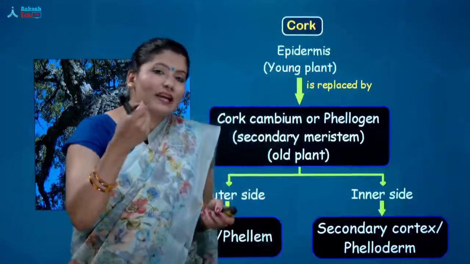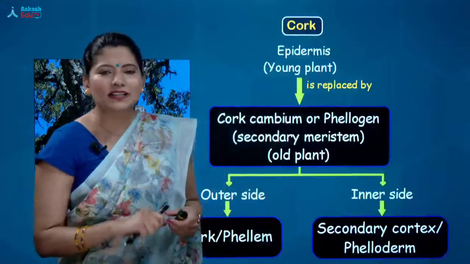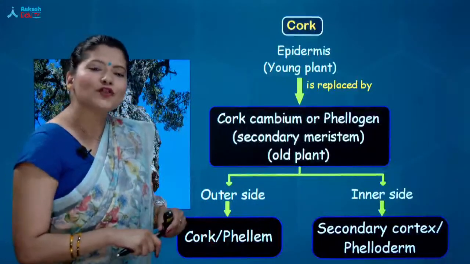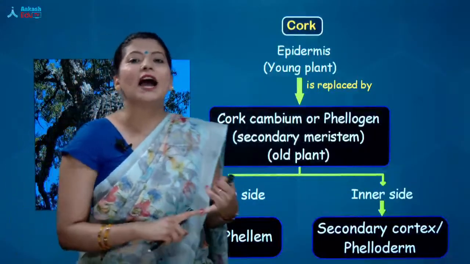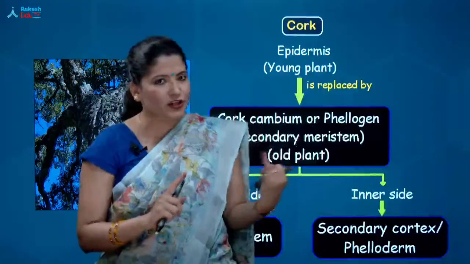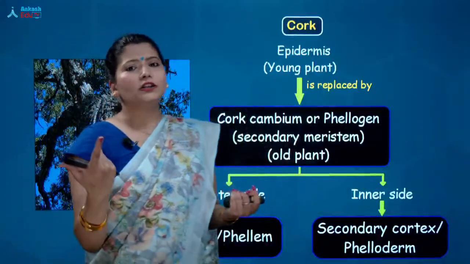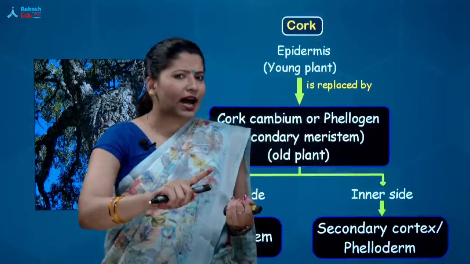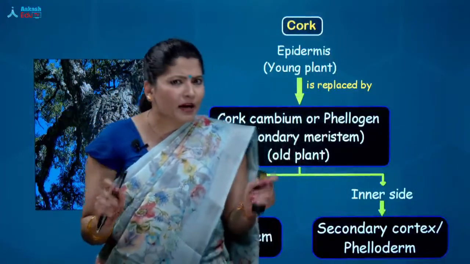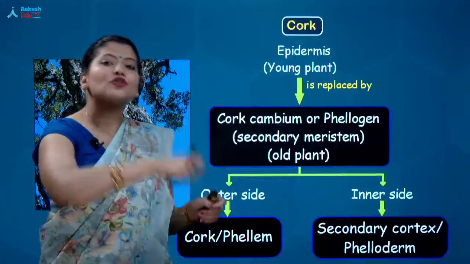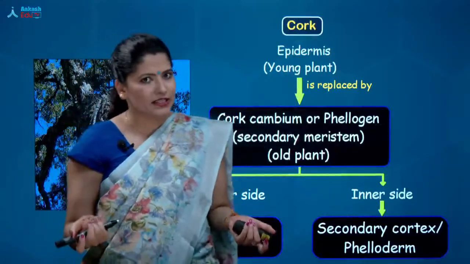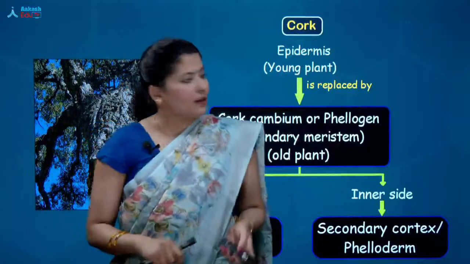Why? Because in the epidermis of leaf, stomata are present. And what is the function of stomata? That is gaseous exchange and transpiration. 2 functions. Then I told you about the function of root epidermis, which we called epiblema. So what was the function of epiblema? That was the absorption of water and minerals.